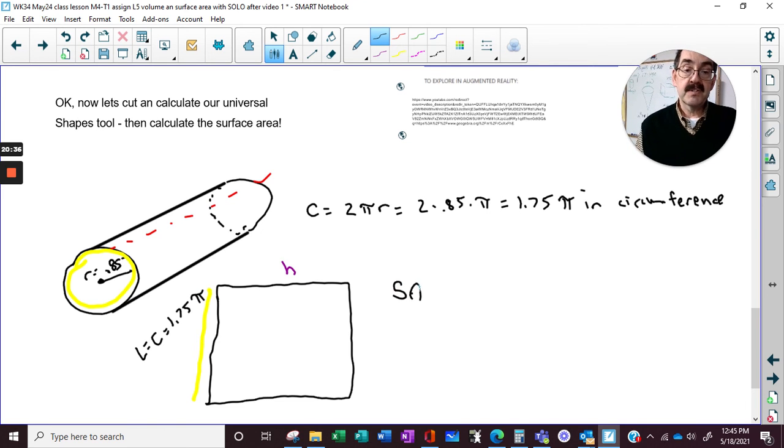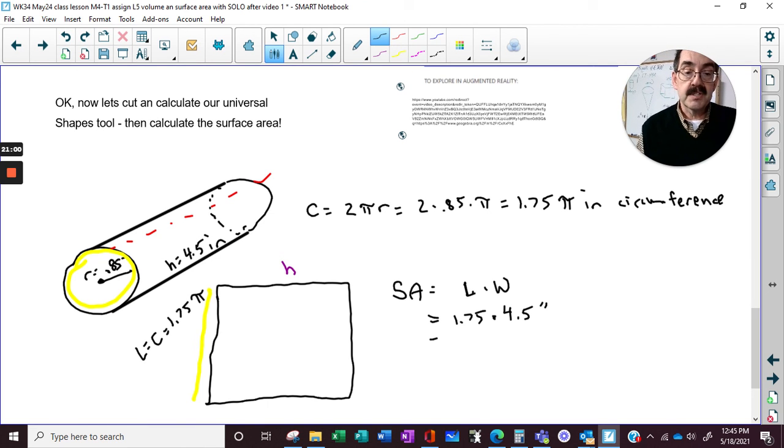Now, surface area is nothing more than length times width, where my length is 1.75 and my width, or my height on mine, was 4.5 inches.